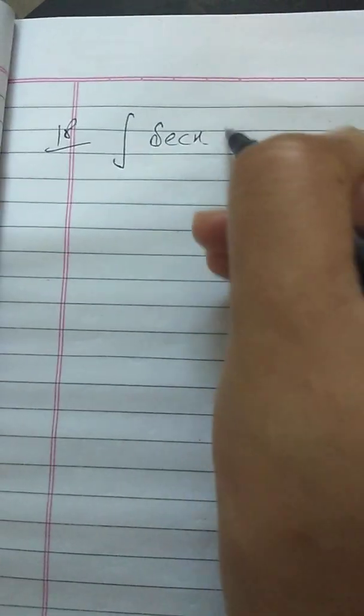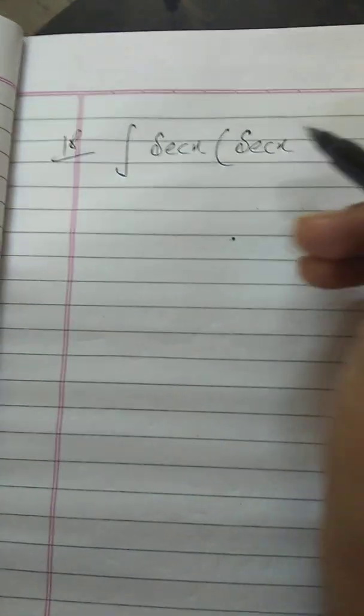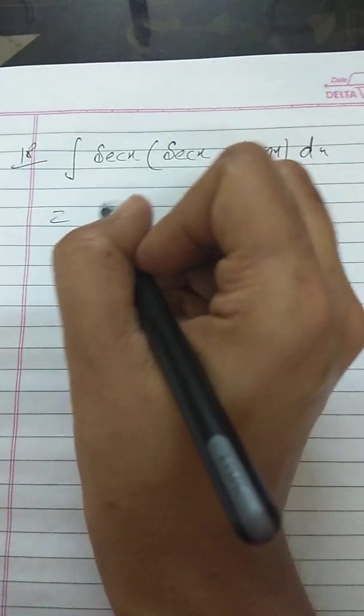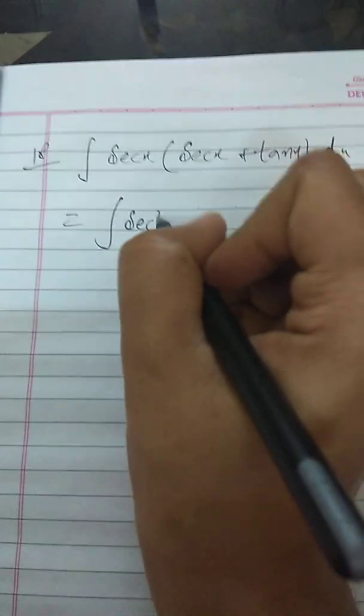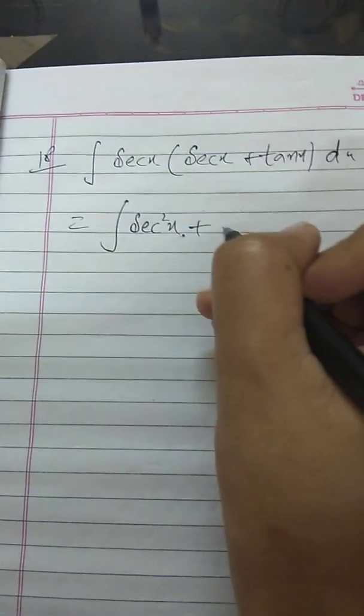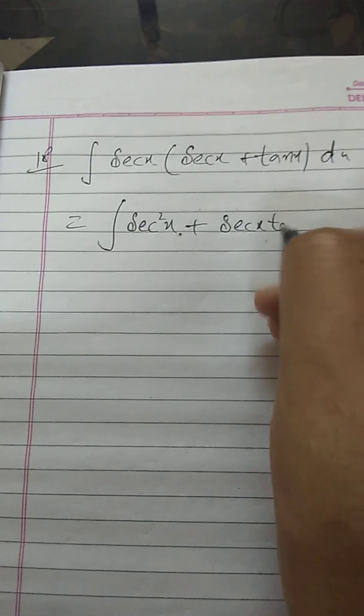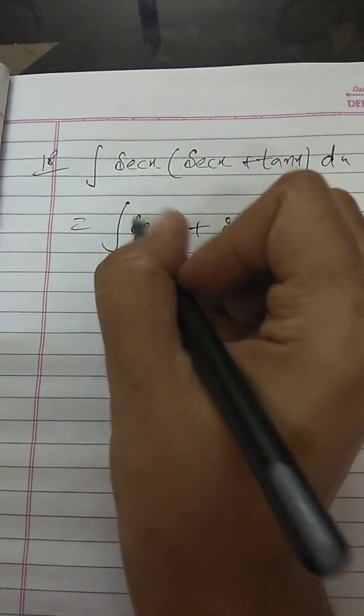Okay, sum number 18. It is given integral of secant x into secant x plus tan x. Now when I simplify it, it becomes secant square x plus secant x tan x dx.